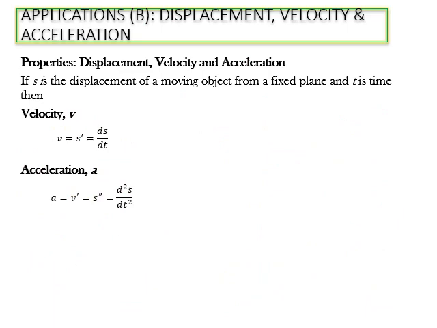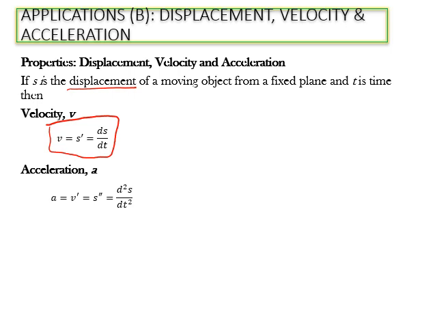Okay, now we proceed with the next application of differentiation, which is displacement, velocity, and acceleration. If S is the displacement of a moving object from a fixed point and t is time, then the velocity v is given by this one. So v is the rate of change of S, the displacement, or ds over dt.